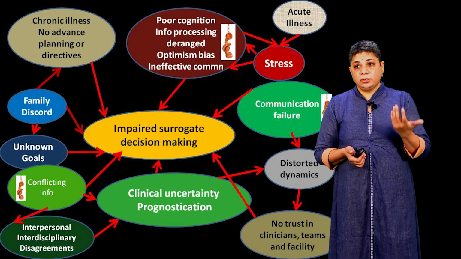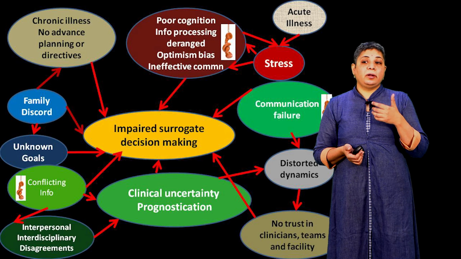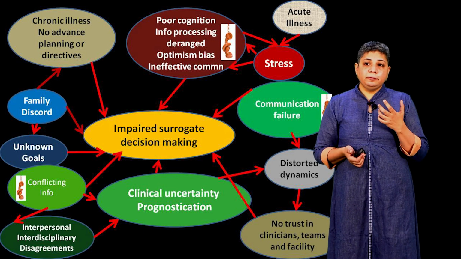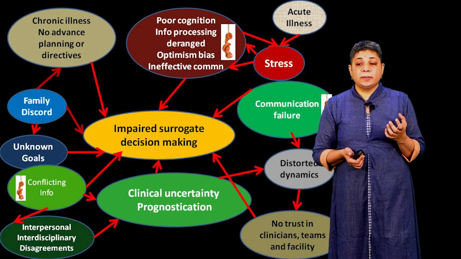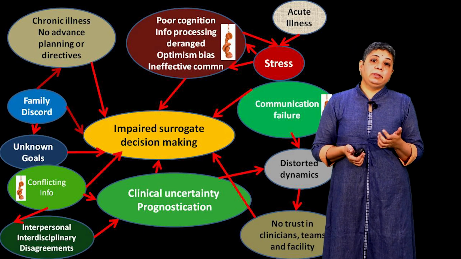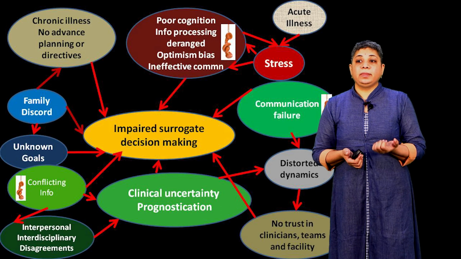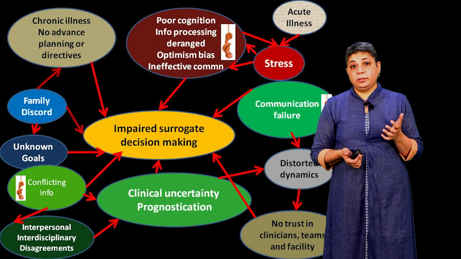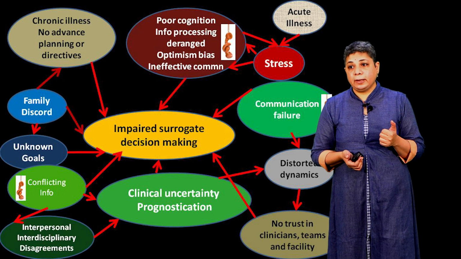So the cognition is poor, information processing is deranged, then there are a lot of biases that come into the picture, and added to this, if there is ineffective communication, then the kind of decision making becomes impaired.